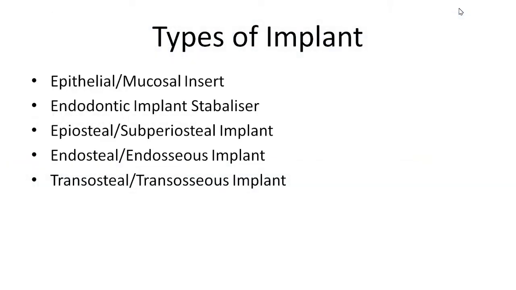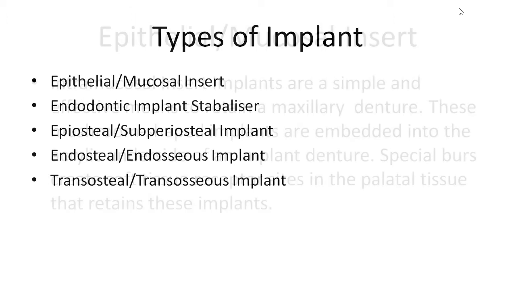Now, the types of modern day implants that are available are the epithelial or mucosal insert, the endodontic implant stabilizer, epiosteal or subperiosteal implant, which we've discovered in the history of implant dentistry, endosteal or endosseous implant, which are the types of implants you're more familiar with, and transosteal or transosseous implant.